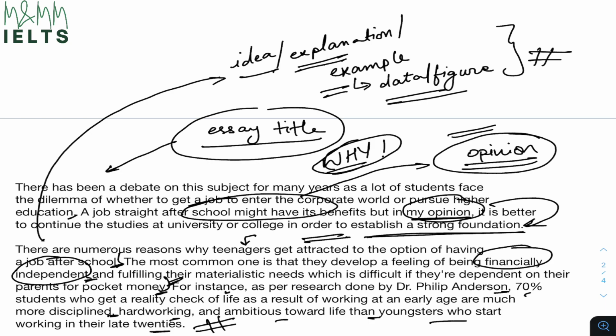This is the reason they want to have a job, and according to a research done by someone, 70%, some random number, of students or people or teenagers get that reality check of life when they start working in that professional environment. And according to that research, because they get that reality check at a very early stage in their life, they are much more disciplined, punctual, or they develop characters like customer service.